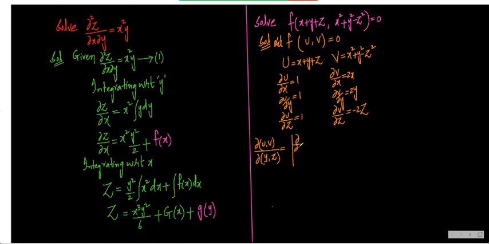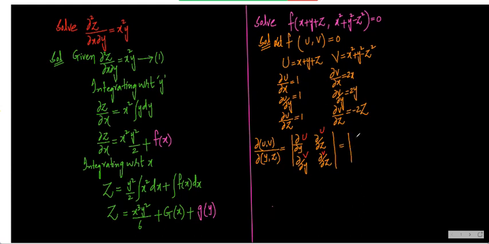Dou by dou y, dou by dou z in the first row, dou by dou y into dou by dou z. And what will come in the numerator here? u, u, u, v, v, v.